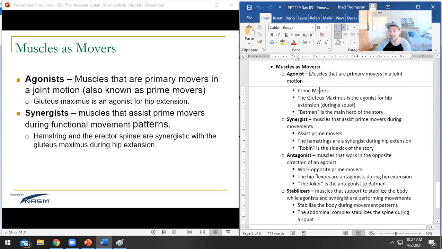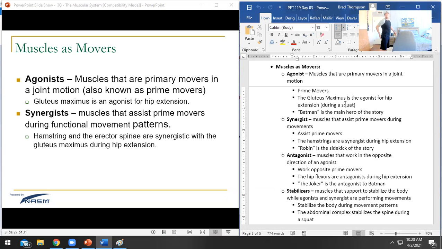So the agonist is the muscle that primarily moves a joint, depending on what it is you're talking about. It's in reference to whatever movement we're describing. This is the prime mover. So if we're talking about a squat, the gluteus maximus is the agonist for hip extension. When I'm describing this movement, which is hip extension, drawing my femur behind me, the main muscle that does that is my glute, right?